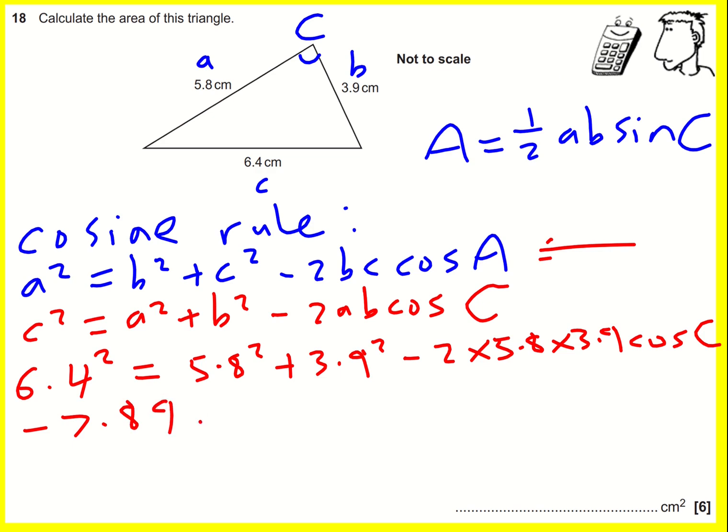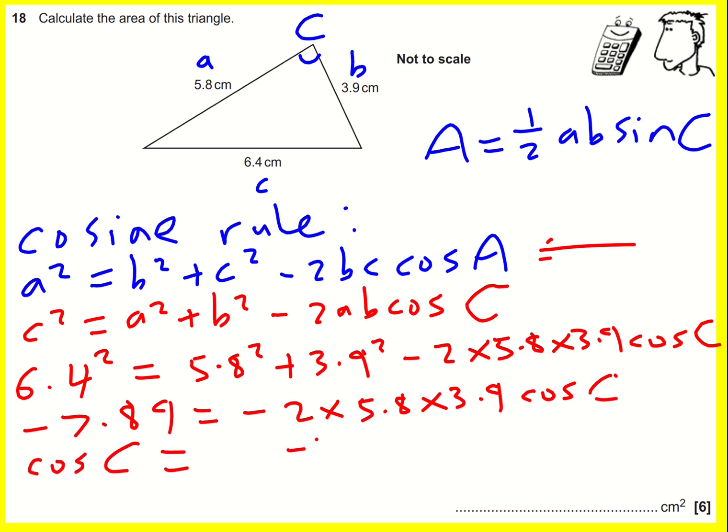I've done a few steps in one go, but that's okay. Equals minus 2 times 5.8 times 3.9. I'm not going to work this one out, I could do. And then cos C will equal minus 7.89 divided by all of this lot.